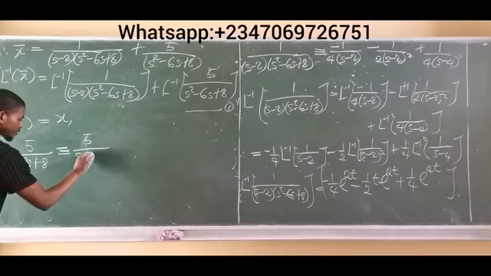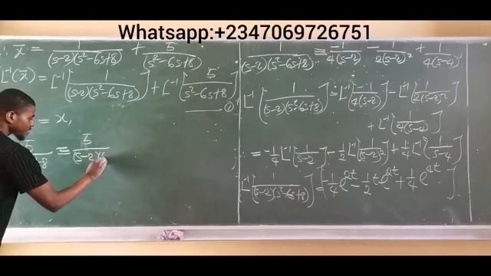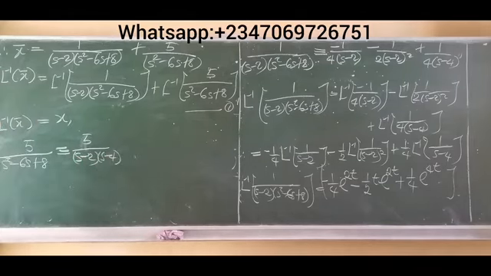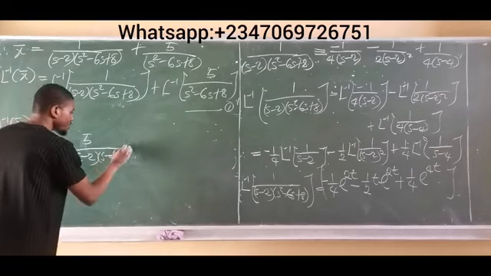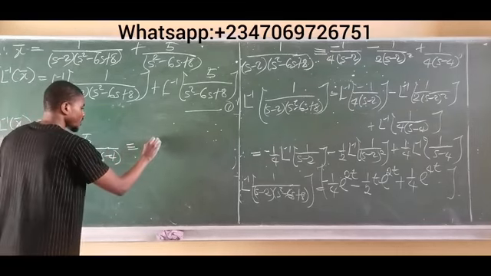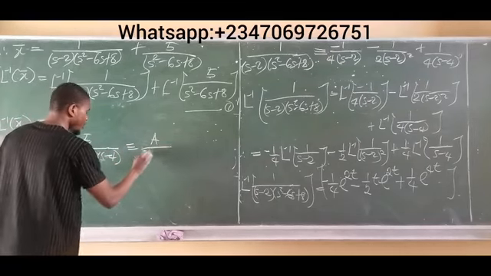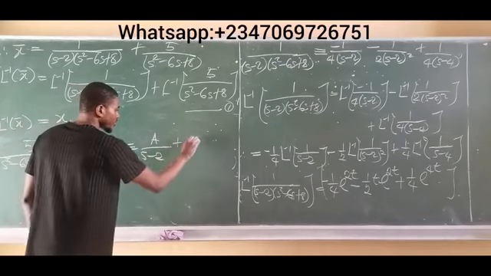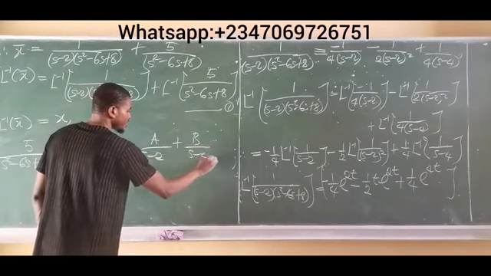This is (x minus 2) multiply (x minus 4). (x minus 2) times (x minus 4) will give us x squared minus 6x plus 8. We've already explained all of this, which means this will be equivalent to A all over (x minus 2) plus B all over (x minus 4).